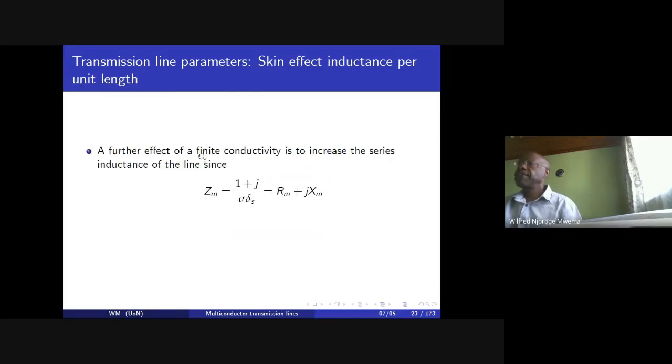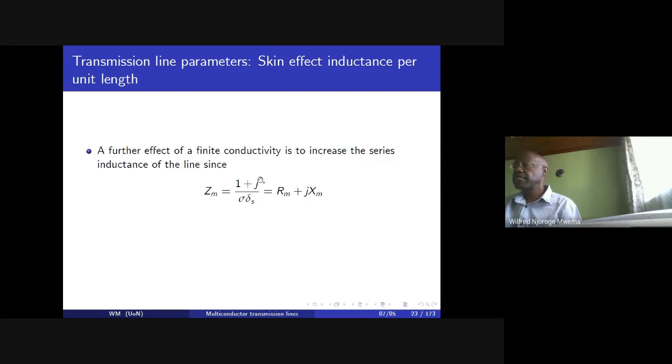So the further effect of a finite conductivity is to increase the series inductance of the line, since we have seen that the surface impedance on a good conductor, Zm, is going to be given by (1 plus j) over delta sigma, where delta is the skin depth.